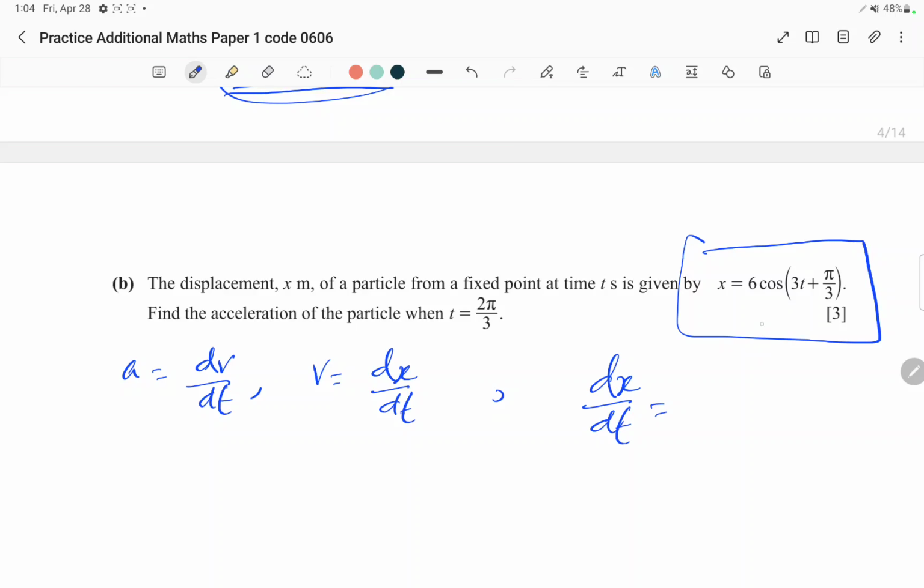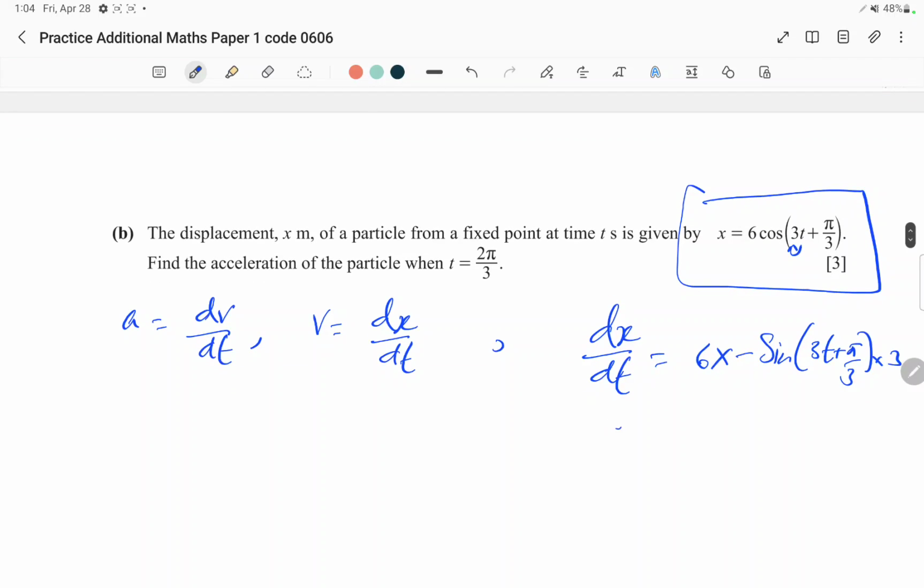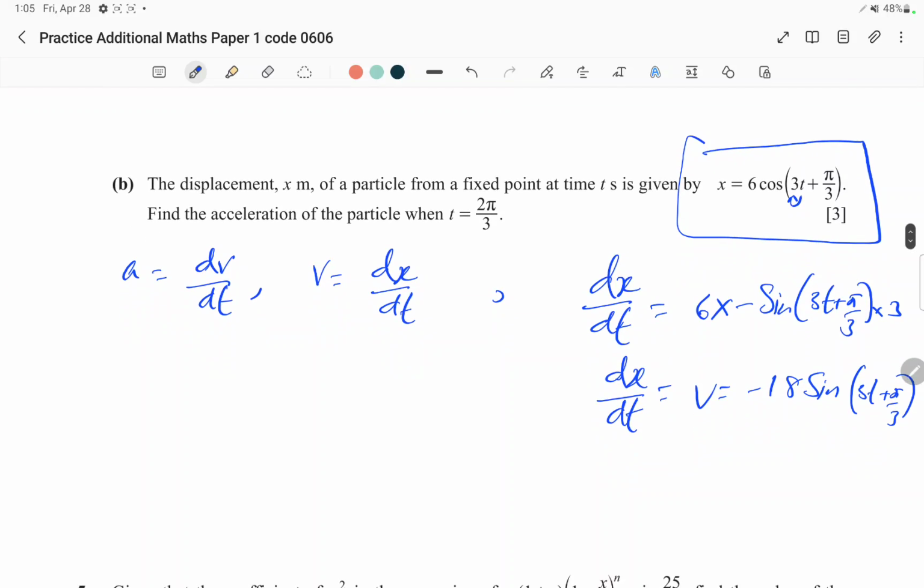So first of all, we need to differentiate it. So dx over dt, so 6 will be 6. Cos differentiation is minus sine, so minus sine 3t plus pi over 3, and then t coefficient, which is 3, so that will come in multiplication. So dx over dt, which is v, I got 6 times minus 3, so which is minus 18 times sine of 3t plus pi by 3, right?